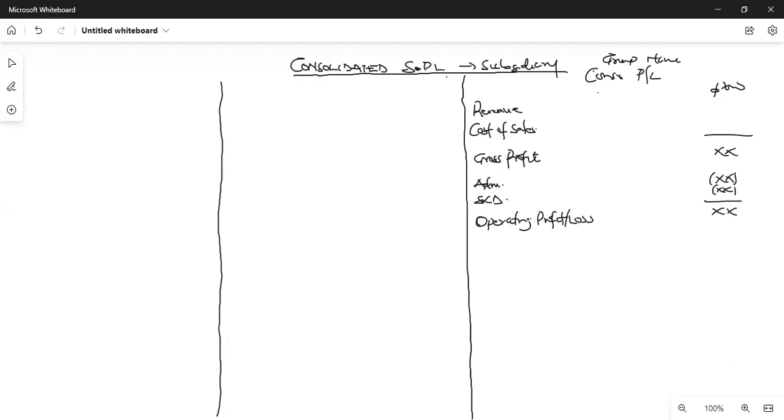or loss. After this, if you have any investment income, it comes in, right? Then any interest or finance costs, you deduct. You add here, you deduct here. Then you get profit before tax.